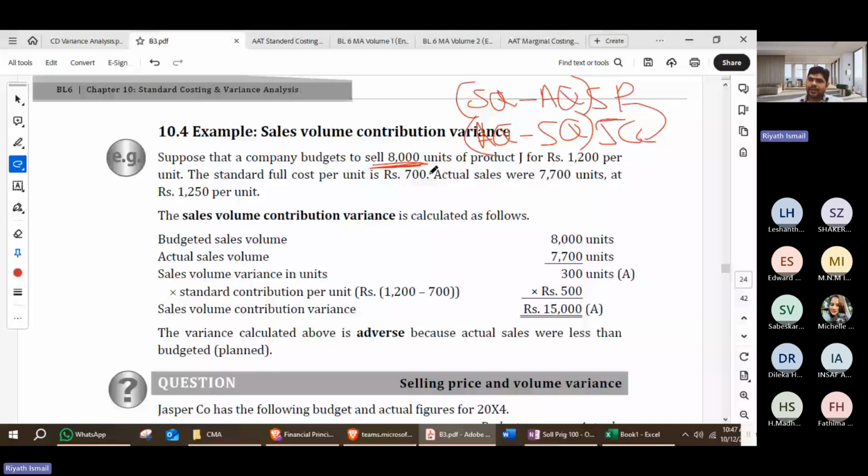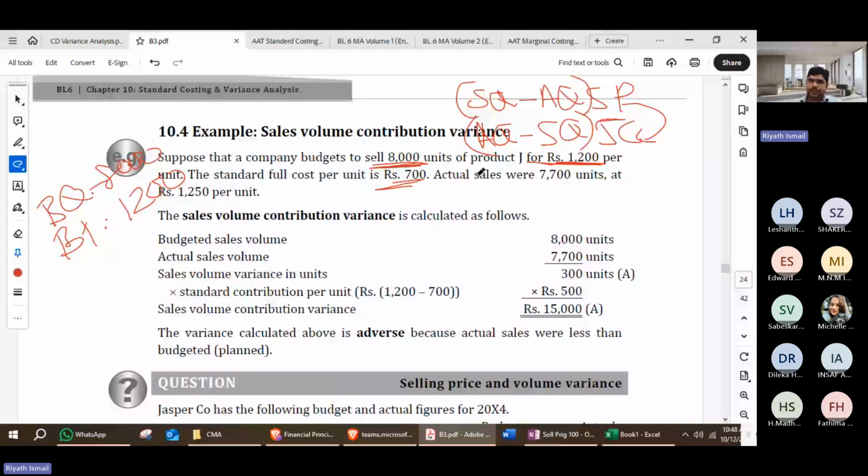The company budgeted 8,000 units of product J at rupees 1,200 per unit. So the budgeted quantity is 8,000 and the budgeted price is 1,200. The full cost per unit is 700.